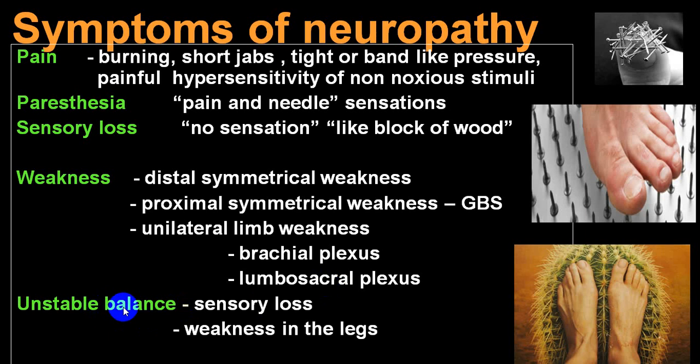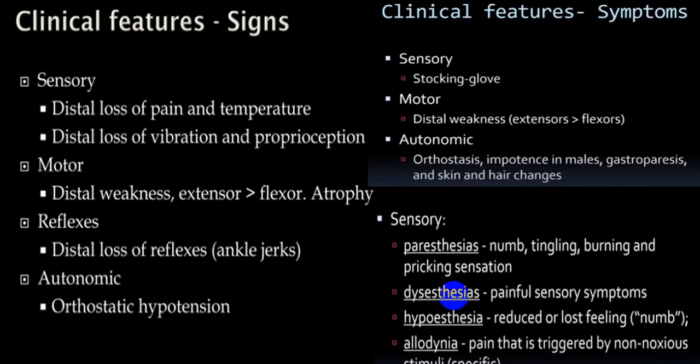And unstable balance, that is posterior column involvement, mainly because of the large fiber getting involved in case of subacute combined degeneration, or we call nutritional deficiency, etc. So you can have sensory symptoms like glove and stocking variety, motor, distal weakness and extensor more as compared to flexor, or you can have autonomic involvement like orthostatic hypotension, impotency, etc. In sensory, paresthesia, dysesthesia, hypoesthesia, and even allodynia.